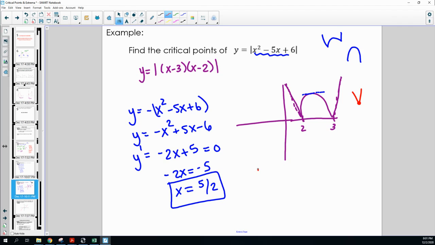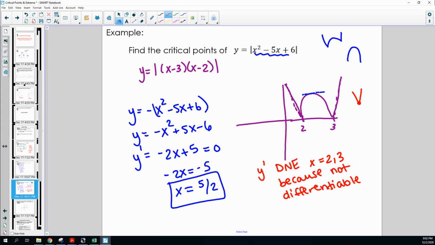So we can say that y prime does not exist at x equals 2 and 3, because it's not differentiable. Wherever we have those pointy pieces, it's not differentiable, so that's where the derivative does not exist.